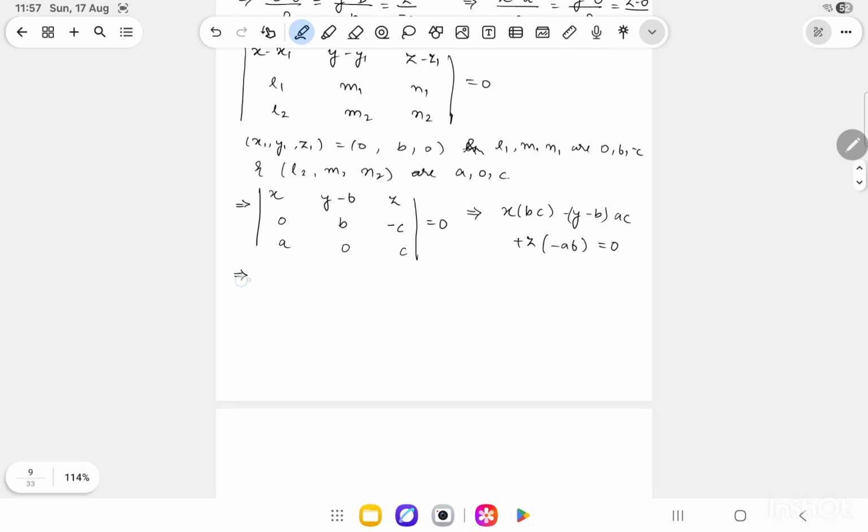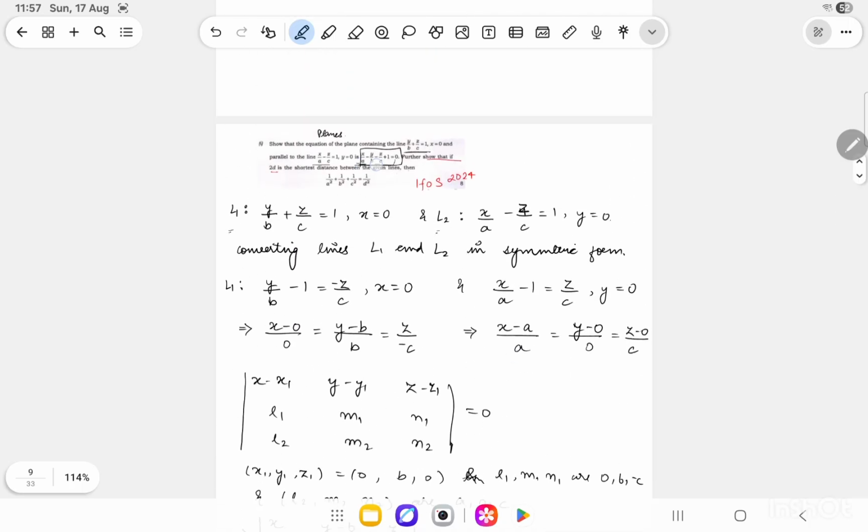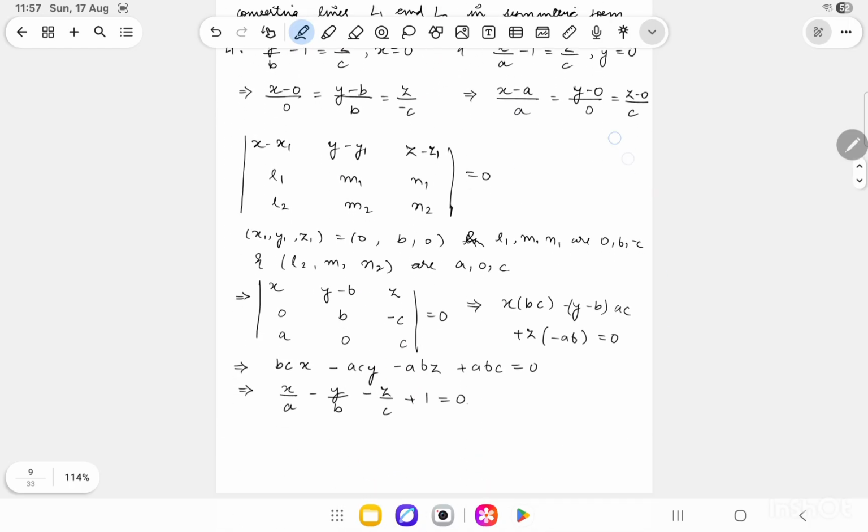On further simplifying I will get bcx minus acy minus abz plus abc equals 0. If I divide this whole equation by abc I will get x by a minus y by b minus z by c plus 1 equals 0. And this is the exact equation of the plane which we were supposed to prove in the question.